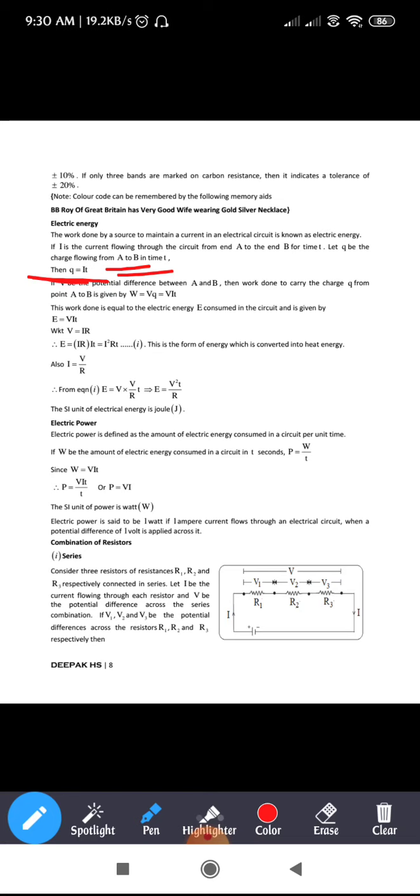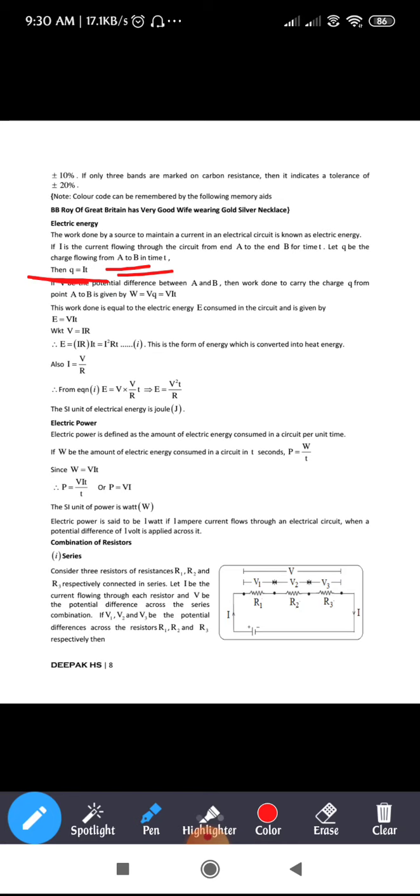We have taken point A and point B, so there should be a potential difference from point A to point B. Let us take a case where the potential is the same at point A and point B. In that case, the charge doesn't move from point A to point B.